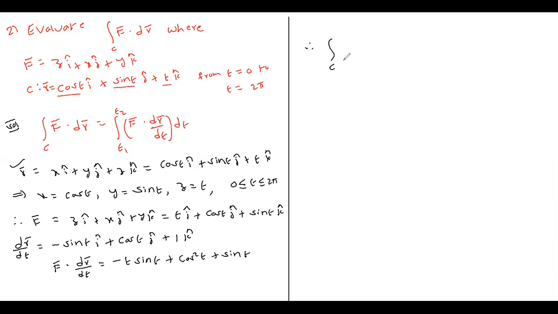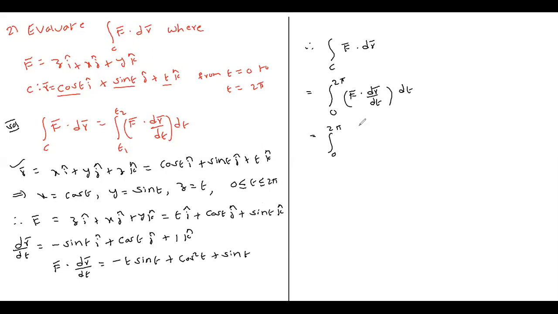the integral over c of f bar dot dr bar is equal to the integral from 0 to 2 pi, because t ranges from 0 to 2 pi, of f bar dot dr bar by dt, dt. What is f bar dot dr bar by dt?